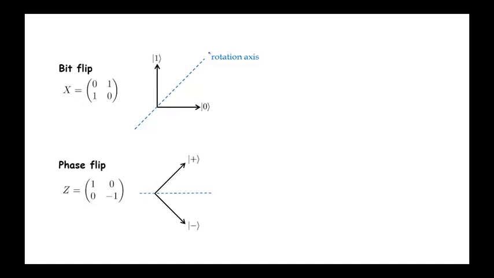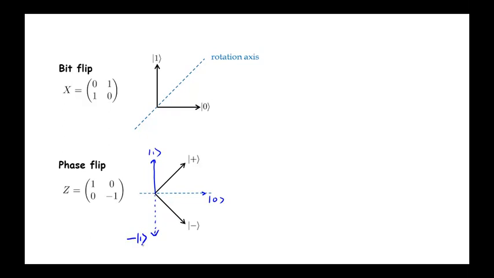Similarly for the phase flip, well, what does it do? Well, if you were to draw 0 and 1 here, then what it does is it leaves the 0 axis alone, but it flips 1 to -1.